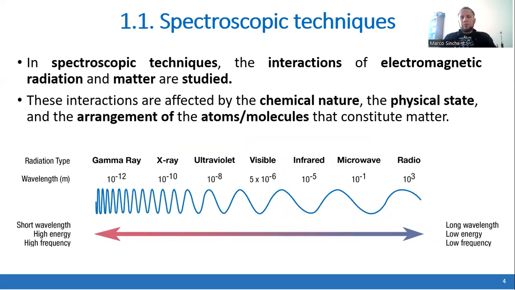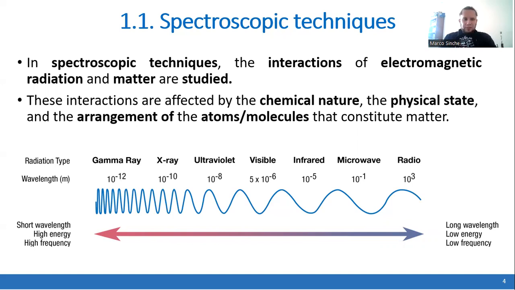Moving to the spectroscopic techniques, these are based on the interactions that electromagnetic radiation can have with matter. The interactions are affected by the chemical composition, the physical state, and the structure, meaning the crystallinity or amorphous structure of the atoms and molecules that constitute matter.